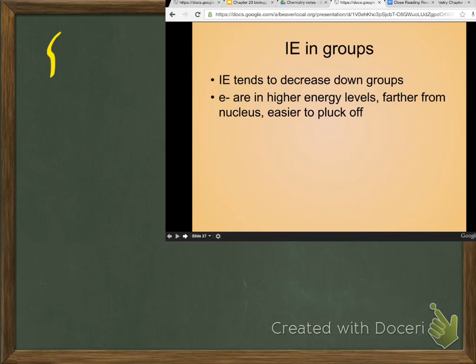If you understand that any time radius goes down, ionization energy goes up, and vice versa, then you only have to remember one trend. And that's really the way to do it as far as I'm concerned: just think in terms of atomic radius, and then you can go, oh, okay, if the radius is smaller, then the IE would be larger. Okay, so we've got our trends for ionization energy and radius.